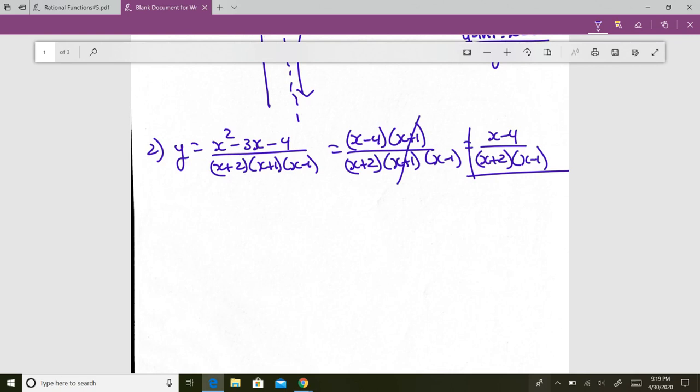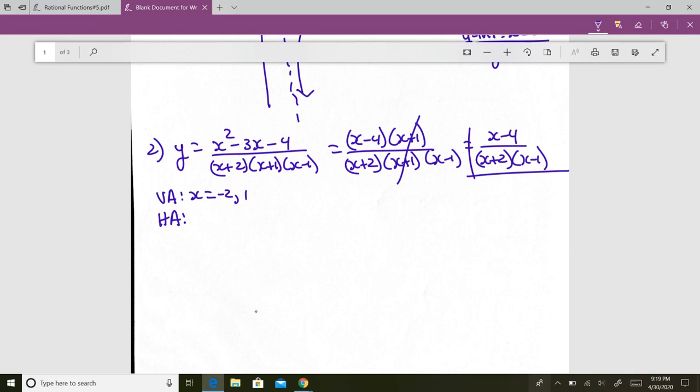All right. So after that, you figure out your vertical asymptote. What makes the denominator 0 after you factor? We have 2 of them, -2 and 1. Horizontal, look at the degrees.